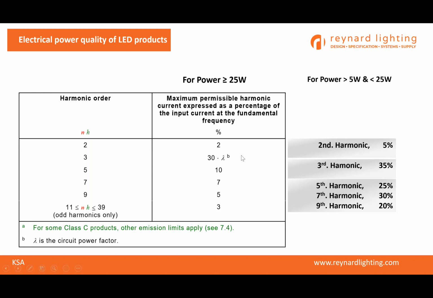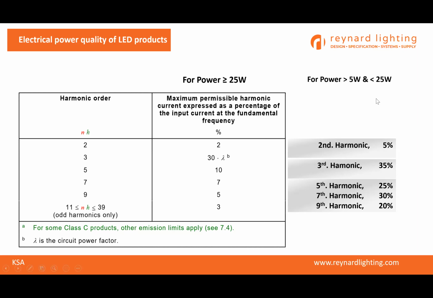So if you have a high circuit power factor, let's say 0.9, it means that you are allowed to have a third harmonic of 27%. If the circuit power factor is low, 0.5, you will be allowed not to exceed 15% third harmonic.